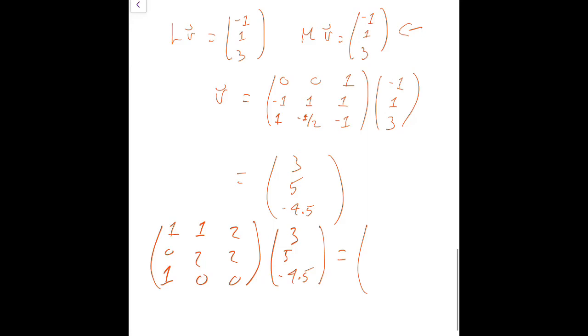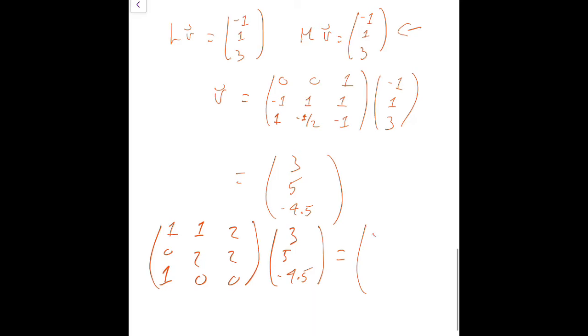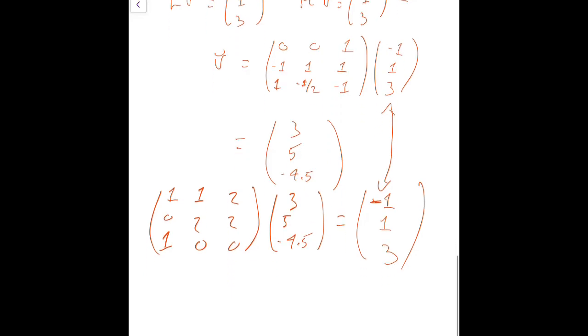The top entry is going to be 3 plus 5, that's 8, minus 4.5 times 2. 4.5 times 2 is 9, so that's 8 minus 9, so this is minus 1. The middle entry is going to be 10 minus 4.5 times 2, so that's 10 minus 9, that's 1. And in the bottom, it's just going to be 3. That's equal to that, so that checks out.